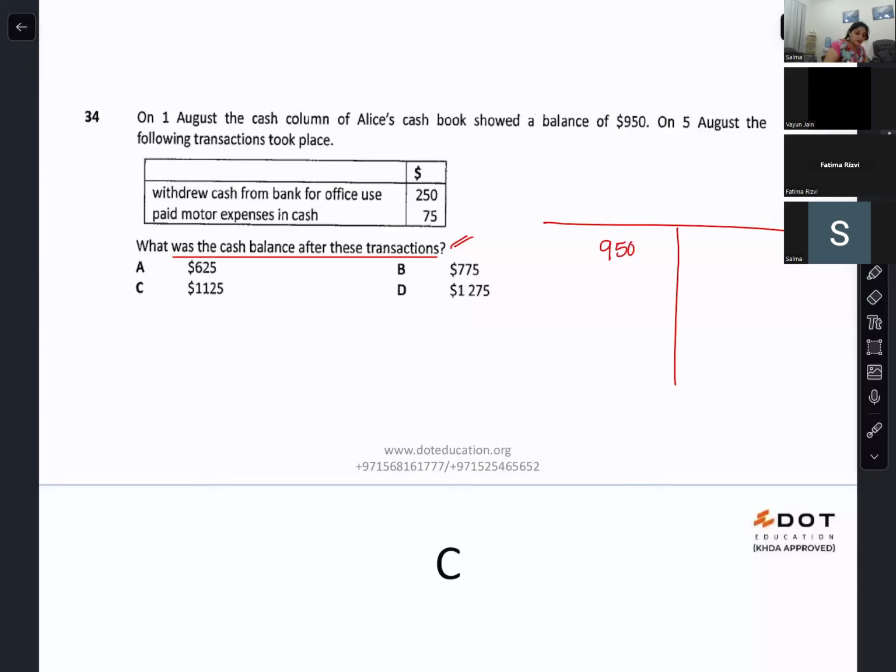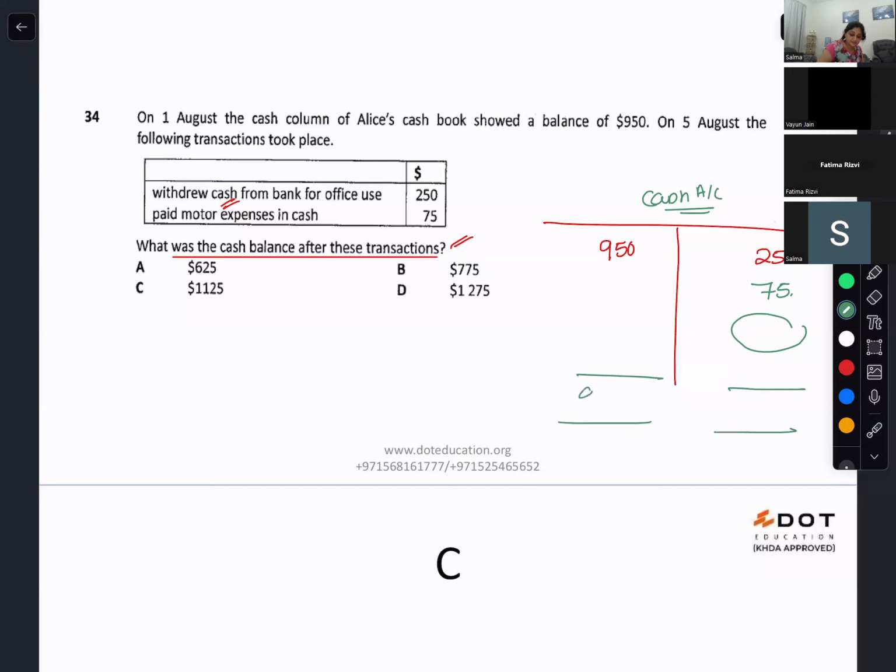You withdrew cash from bank, so it is going out of the cash. You're making only the cash account. Paid motor expenses in cash. So they want the closing balance. Miss, it's 370.